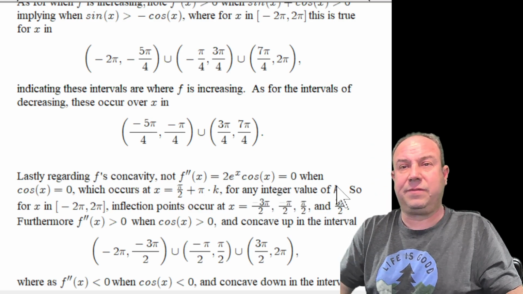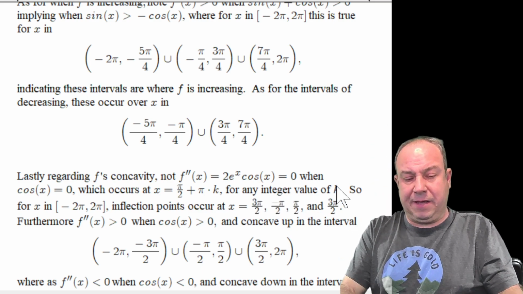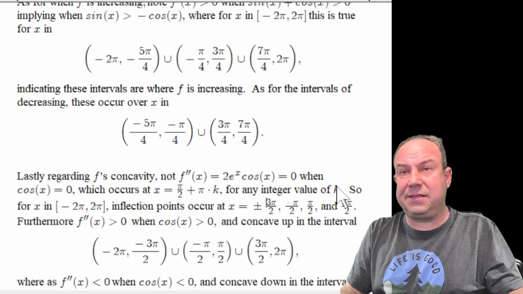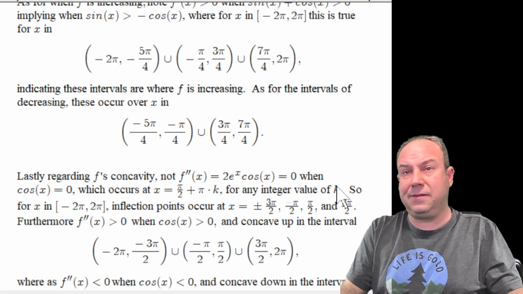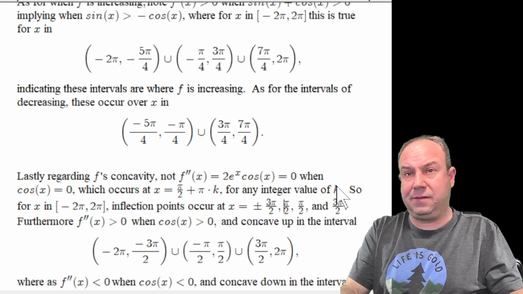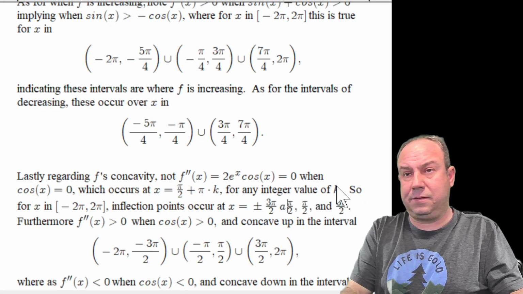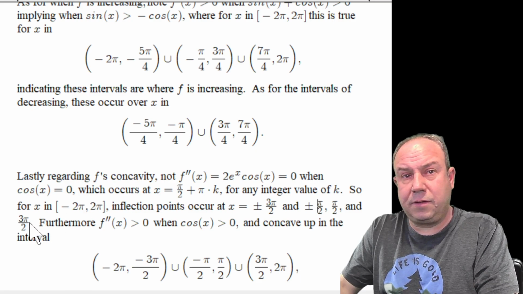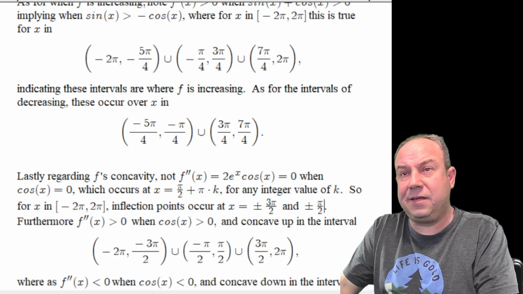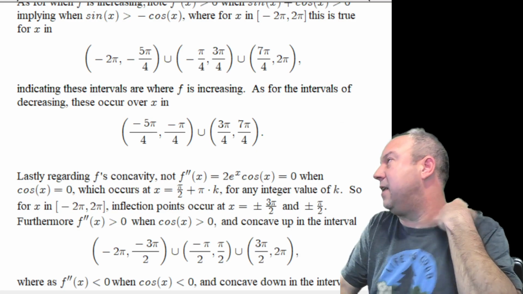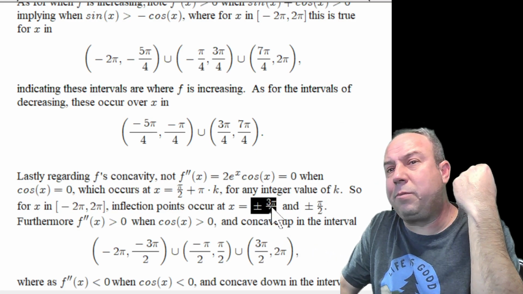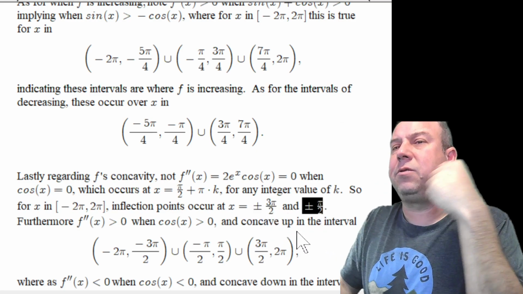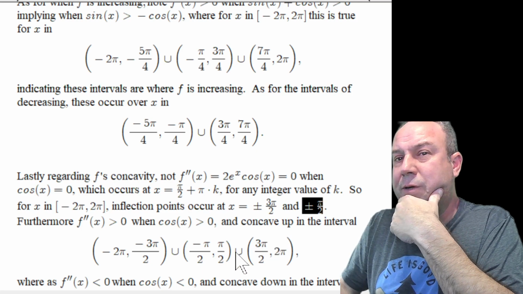In fact, I could say that a little more condensed. That's an easier, more condensed way to say it: it's going to occur at x equal to plus or minus 3 pi over 2 and x equal to plus or minus pi over 2.